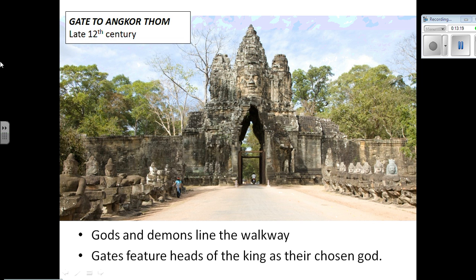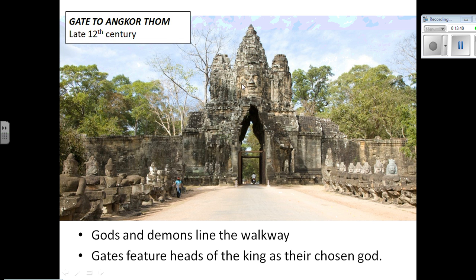Okay, so we have another detail of the Angkor site here. This is the gate to that great city, Angkor Thom. We still have some references to the churning of the ocean of milk. We have these gods over here and demons over here tugging on a serpent. They line the walkway.